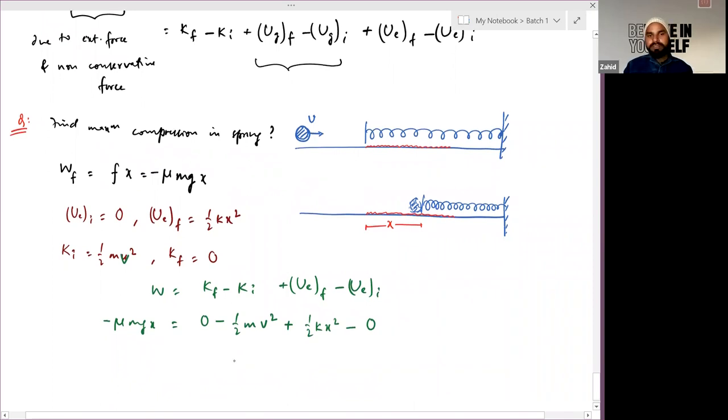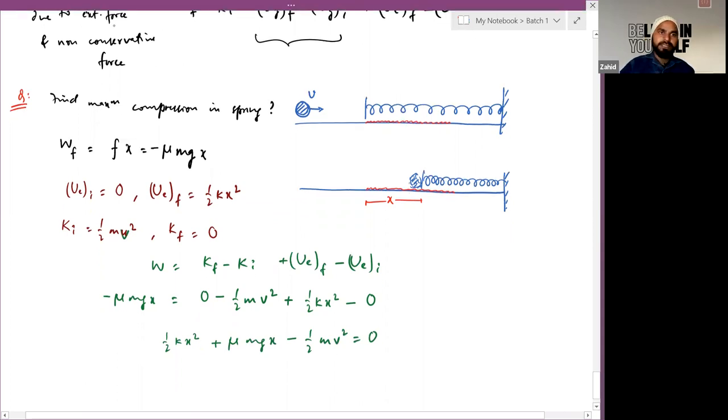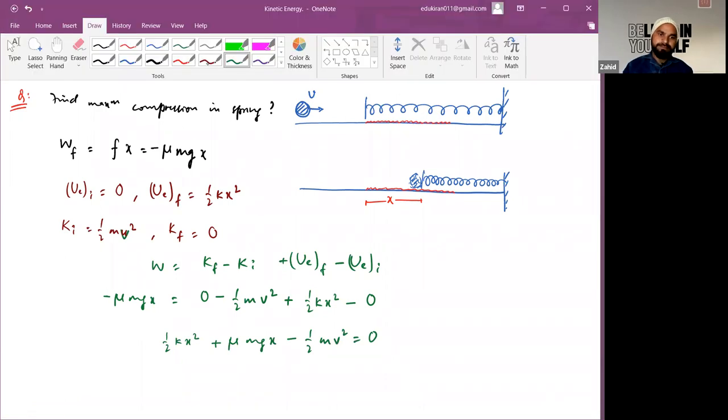So move each term to one side. If you move each term to one side, you will get half kx square as positive. If we move this term to the right hand side, you will get mu mgx minus half mv square is equal to 0. Or we may rearrange this expression to get a quadratic equation.